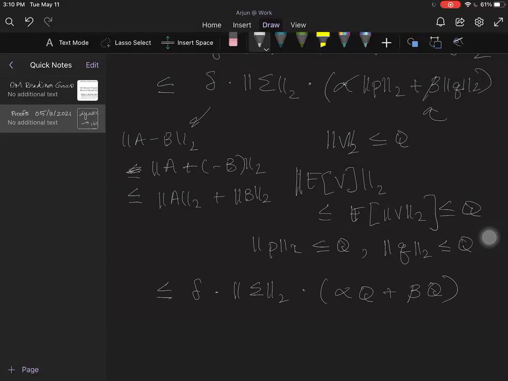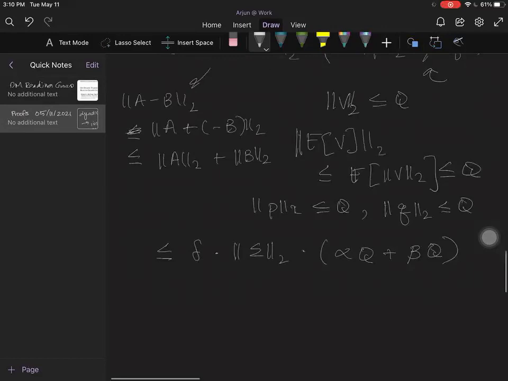Yes, perfect. So alpha and beta sum up to 1. And so all we have to do now is say that this is equal to Q times the sigma norm times delta. And this completes the proof.